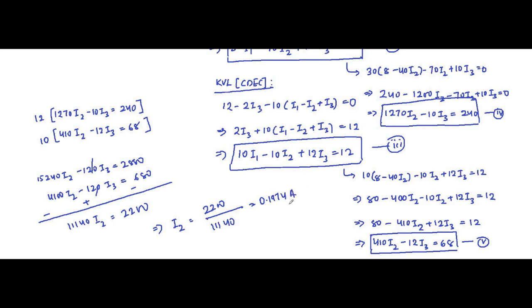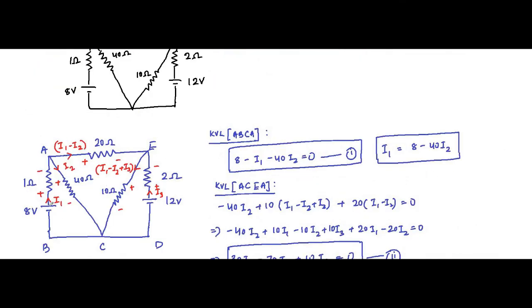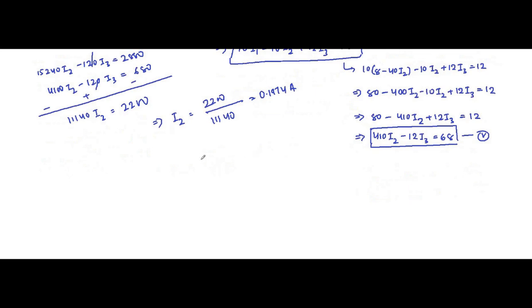So we have got one of the currents. Now we have to use one of the equations. Here we have I1 is equal to 8 minus 40 I2. We can use this to find I1, so we substitute the value of I2 there. I1 is equal to 8 minus 40 into 0.1974 ampere.